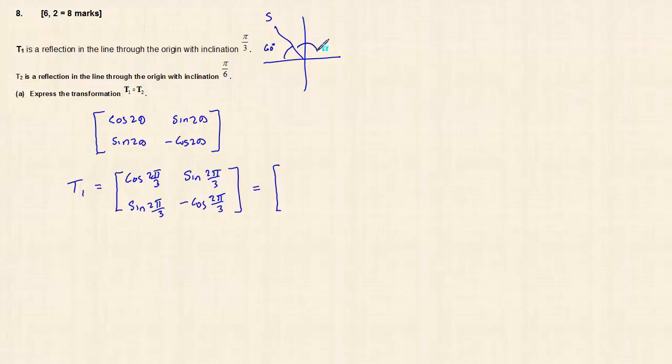So this is 120 degrees, and the sine of 120 degrees will be the same as the sine of 60, so that's going to be root 3 over 2, and the cos of 120 degrees will be the negative of the cos of 60, so that's going to be negative a half. So this is going to be negative a half, root 3 over 2, root 3 over 2, and we're going to have the negative of this one, so that's going to be a half.